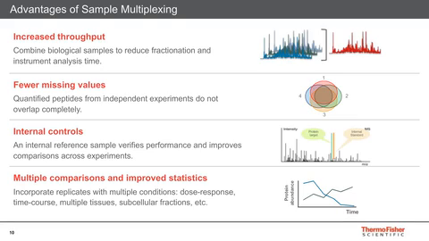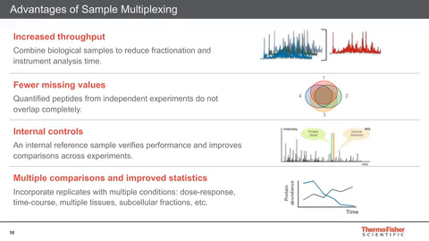In addition to enabling relative quantitation, sample multiplexing has many advantages. First and most importantly, combining multiple biological samples before fractionation greatly reduces instrument analysis time, which increases throughput. Secondly, performing a single LC-MS analysis of different samples from independent experiments increases the overlap among replicates, leading to fewer missing protein identification and quantitative values.